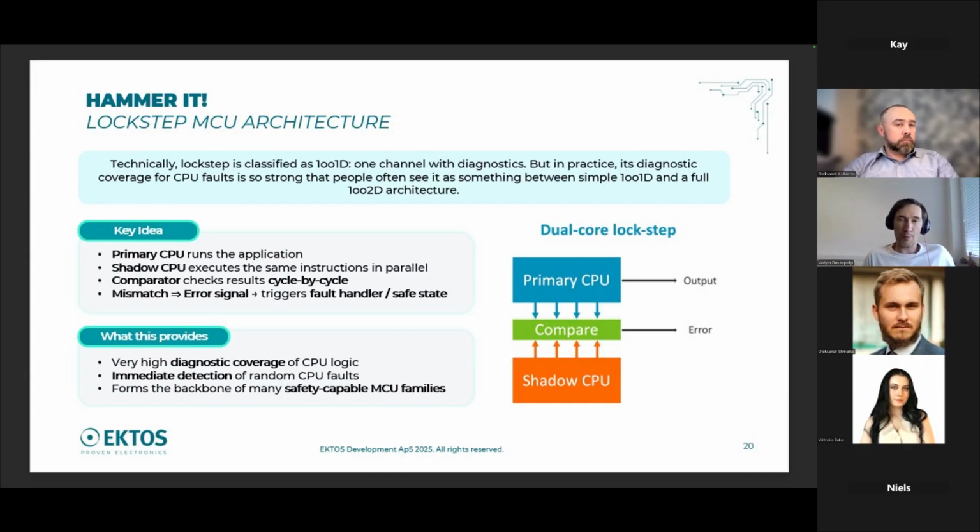It is quite a powerful technique, which is comparable with 1 out of 2 plus diagnostic architecture. So it is like a double channel, but in fact this is 1 out of 1 diagnostics, because the shadow CPU does not have output. So you have only one output and an error signal for this one.